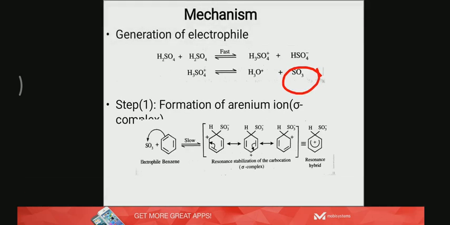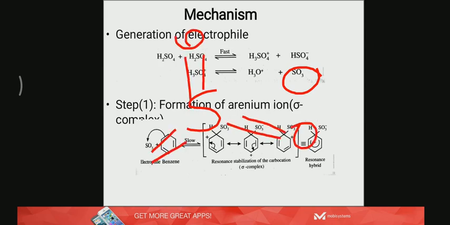How does SO3 become an electrophile? If we look into the electronic structure of SO3, we can easily understand SO3 is having 3 double bonds with oxygen, and we know oxygen is more electronegative, so the pi electrons due to resonance get delocalized onto oxygen.